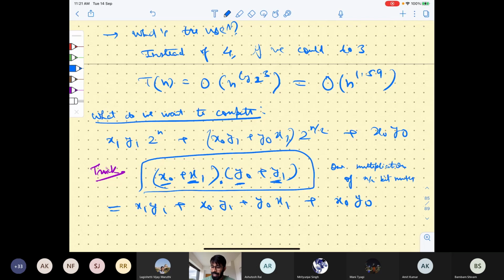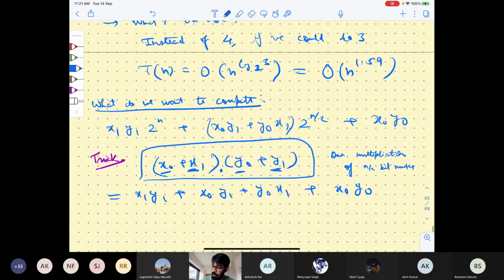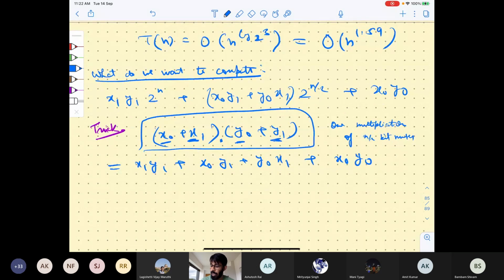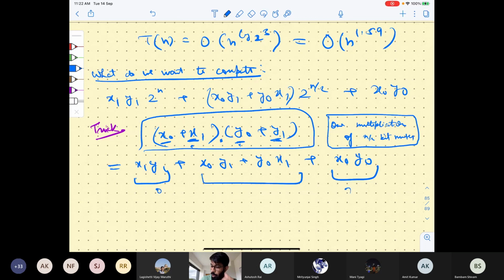Can somebody think how, if we have this number, it can help us reduce the total number of multiplications? We will compute x1 y1 and x0 y0 anyway, so we can subtract them. Exactly. We compute x1 y1, x0 y0, and this number. Then we can subtract the summation of these two from this number to get the middle term. So in total, we get 3 recursive calls.